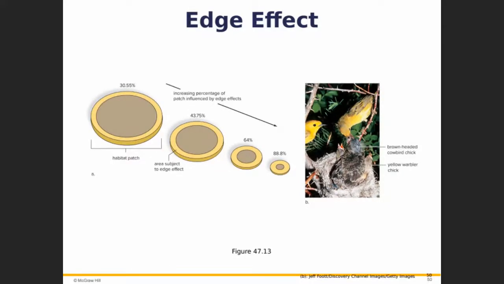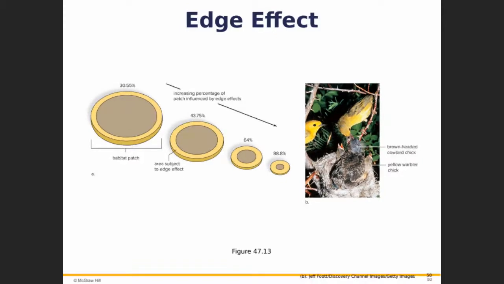So the edge effect can also have a serious impact on population size. The songbird populations west of the Mississippi have been declining, and scientists have noticed that the nesting success of songbirds is quite low at the edge of the forest. The cause turned out to be the brown-headed cowbirds, a social parasite of songbirds.